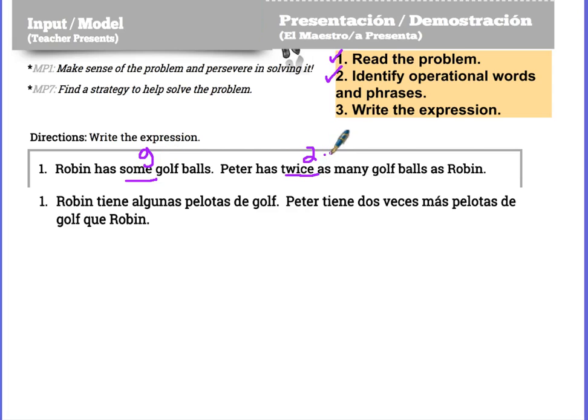So Peter is going to have 2 times G. And I'm going to write the expression. I'm going to have G plus 2 times G. And that translates what I have here. Some golf balls. Peter has twice as many.